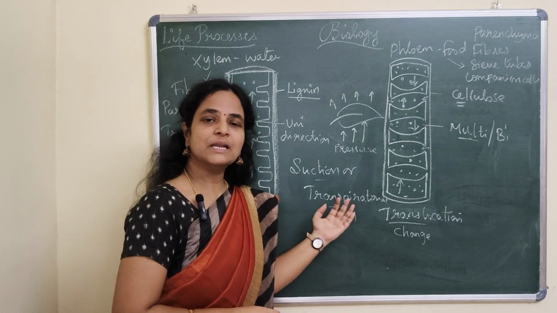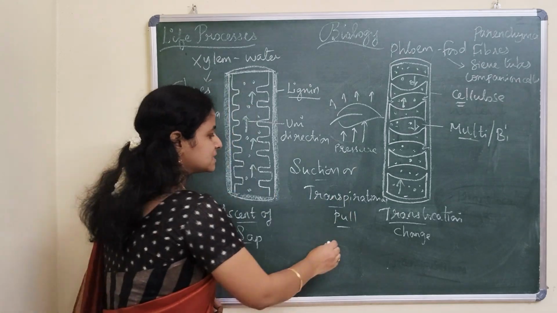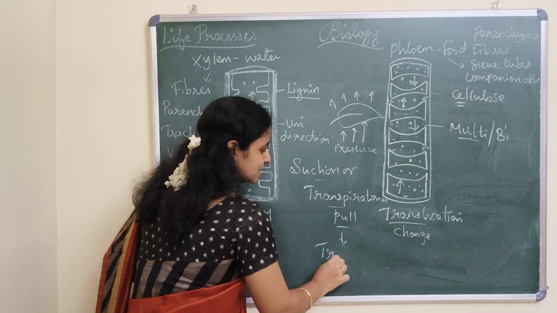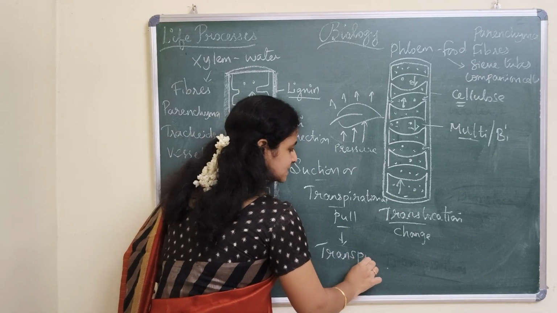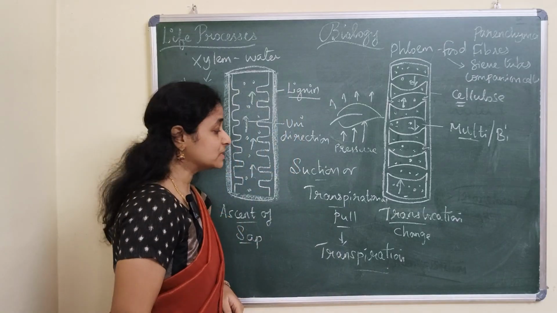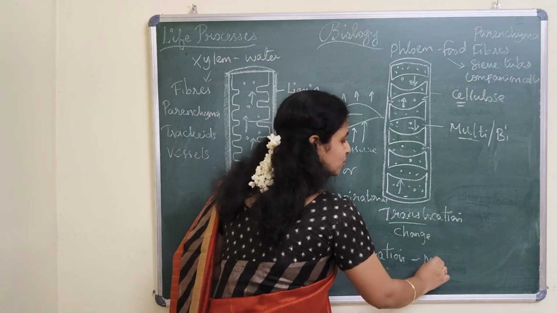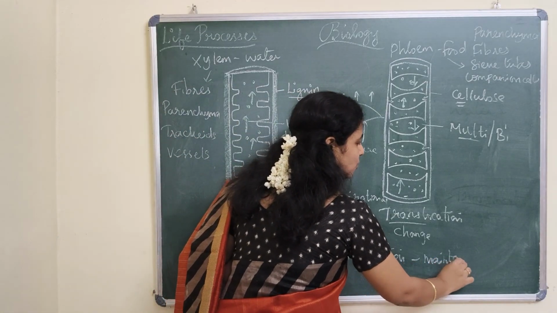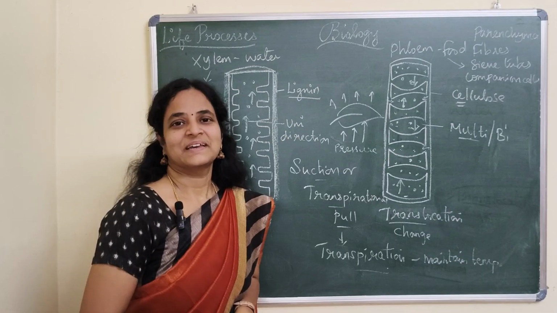So this transpirational pull helps in transpiration. So what is transpiration? Excess water from the plants is released out. This is very important to maintain the temperature of the plant. Okay. Any doubts, children?